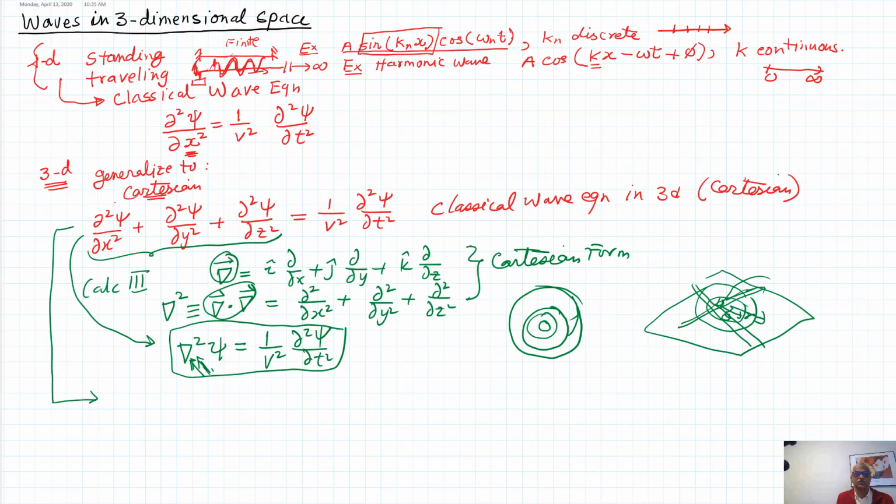Well, similarly to 1D, you will have a standing wave and you're going to have a traveling wave. So you'll have two types. A standing wave: depending on, say, if I have a box and my waves are restricted inside the box, then the wave in this direction has to bounce back and forth.